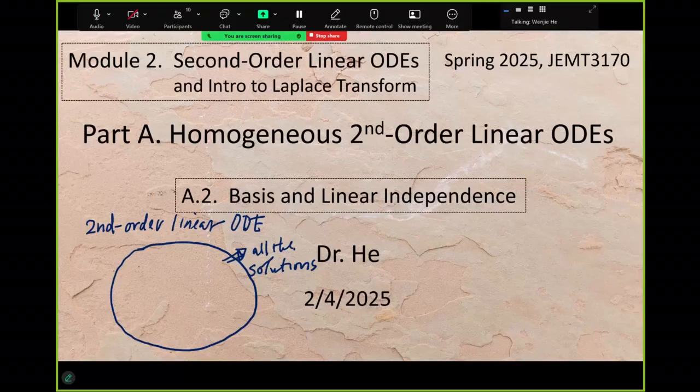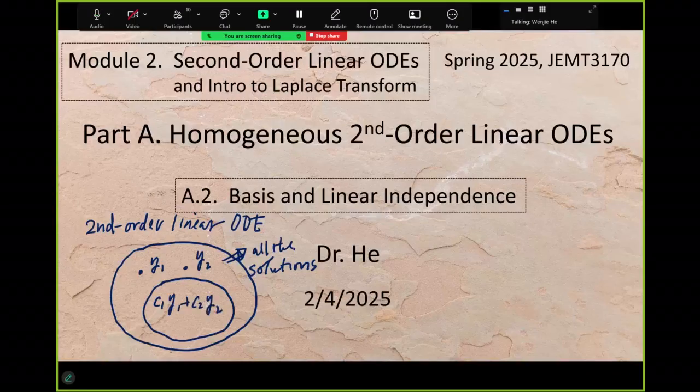What do we have? We have y1, and we have y2. Two different solutions. After that, we know we can use linear combination to form new solutions. So here, I draw a smaller circle inside this big circle to represent the linear combination C1y1 plus C2y2.